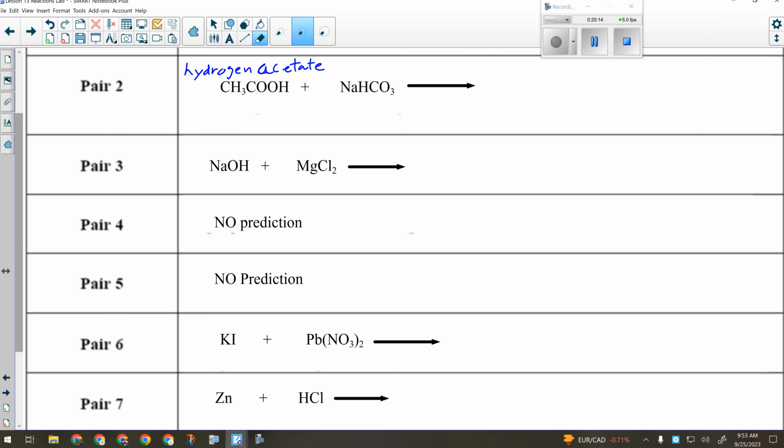So when you buy vinegar in the store, it is 5% acetic acid and 95% water. The stuff we're using in the lab tomorrow is the opposite. It is 95% acetic acid and 5% water, so don't mess around with it.